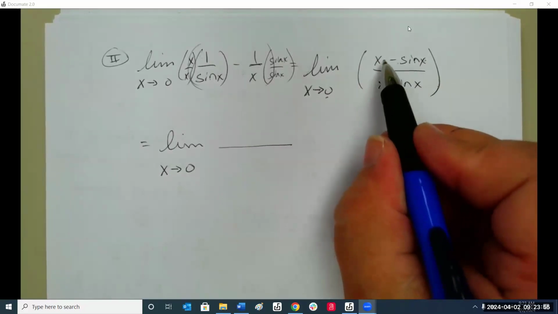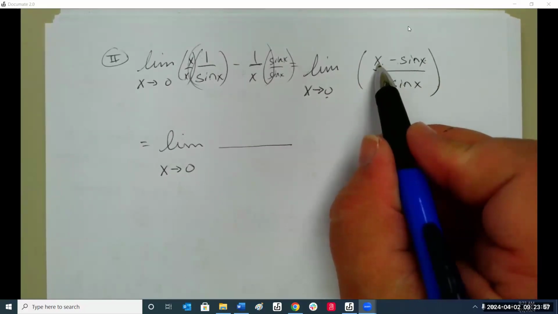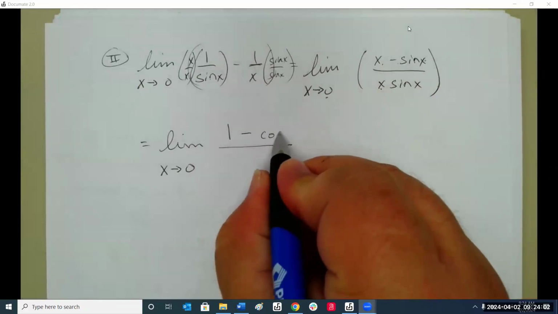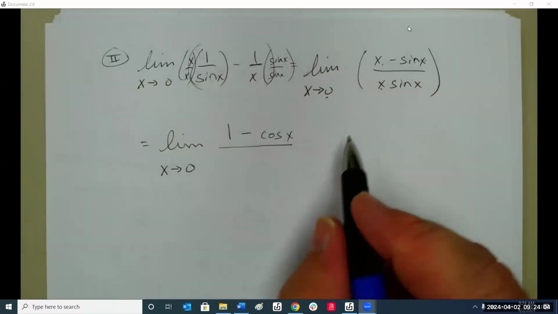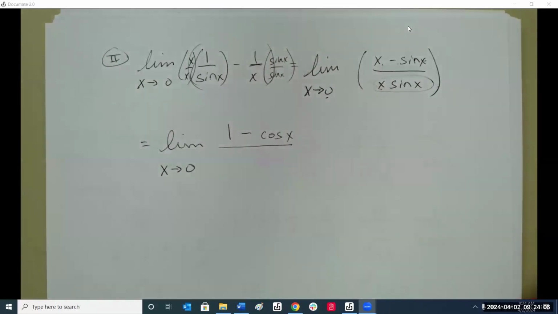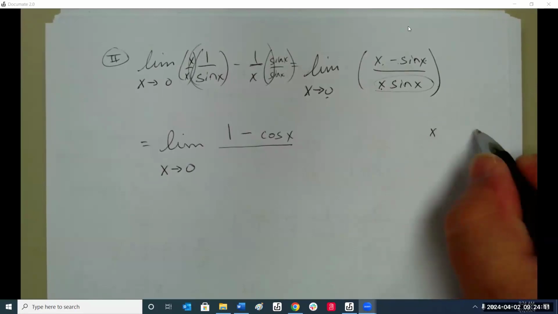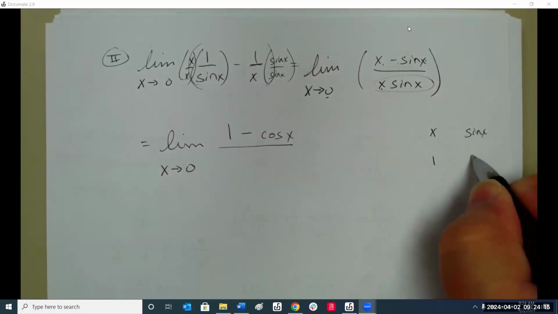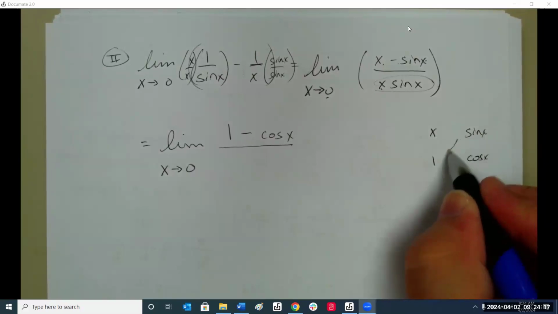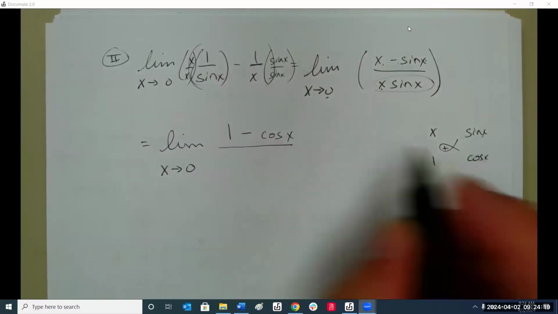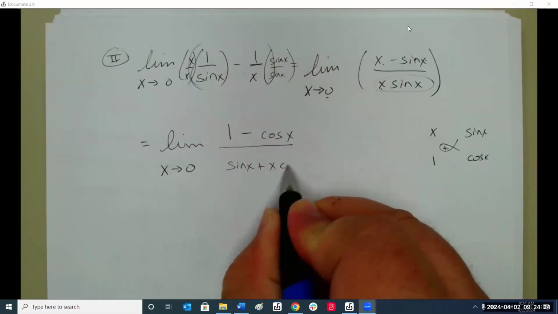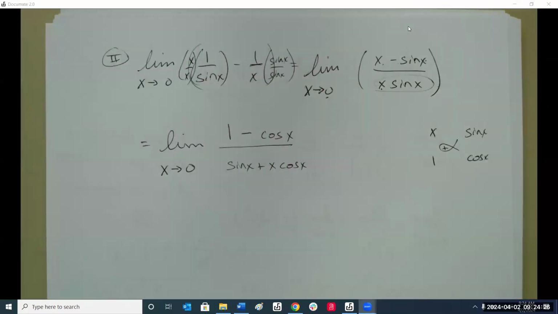In the numerator, the derivative of x is 1 and the derivative of sine is cosine. Now on the bottom, we have to use the product rule. For x sine x, the derivative of x is 1, and the derivative of sine is cosine. So we get sine x plus x cosine x.